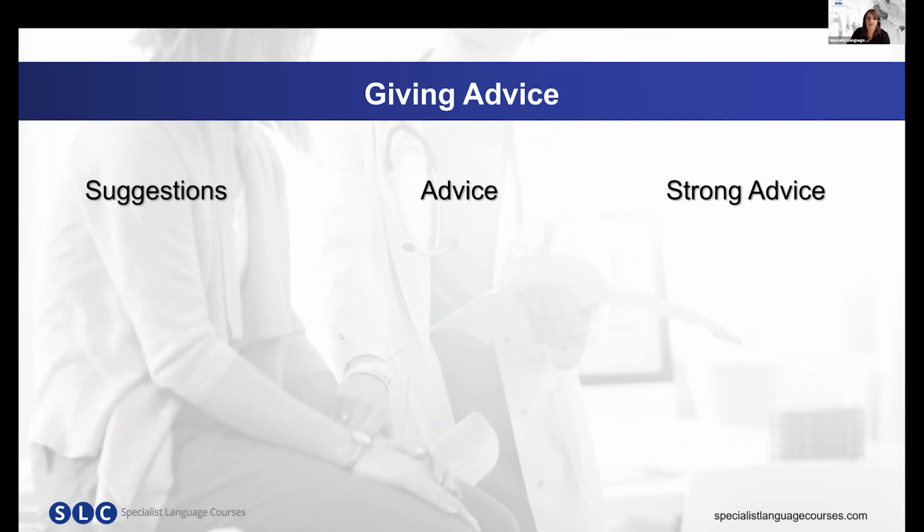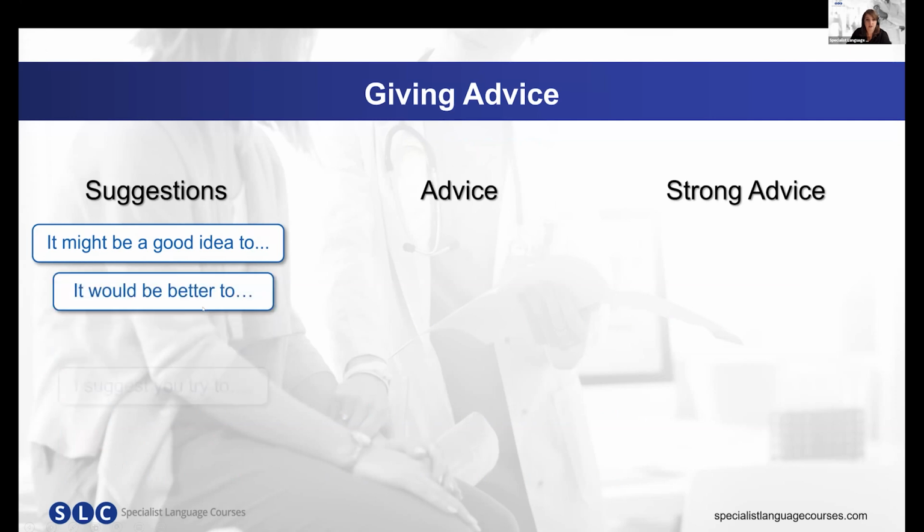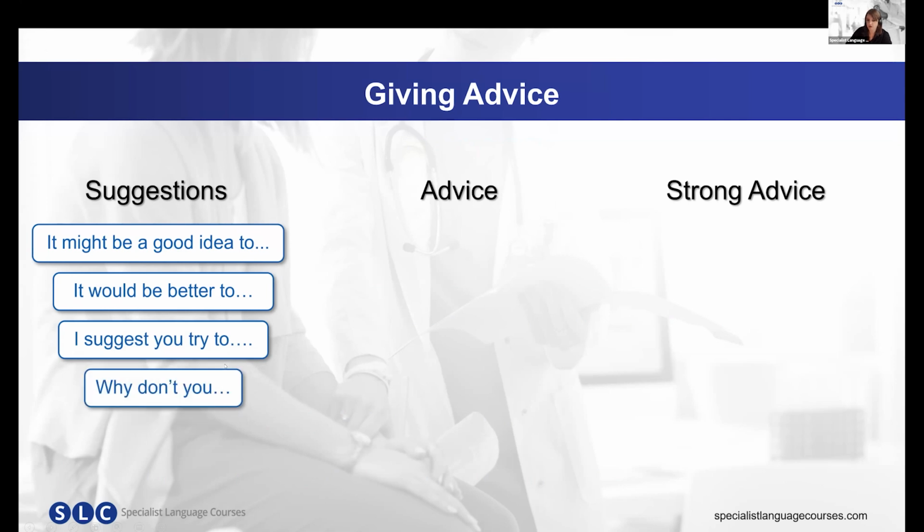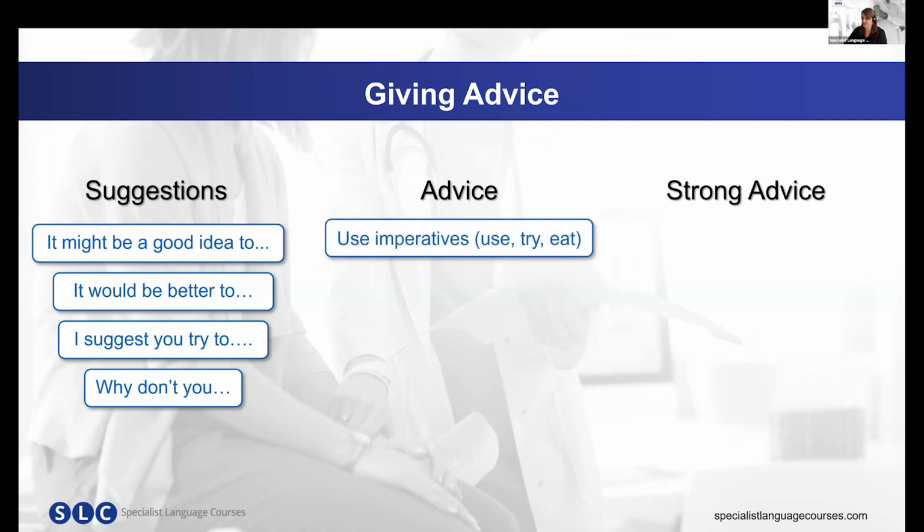So when you are giving advice, make sure you're aware of phrases for the different levels of advice. So we've got some phrases for suggestion. It might be a good idea to, it would be better to, I suggest you try to, or why don't you, all phrases that we can use for suggestions. We also have phrases for advice. So you can use imperatives. Try to cut down, eat more green leafy vegetables, for example.